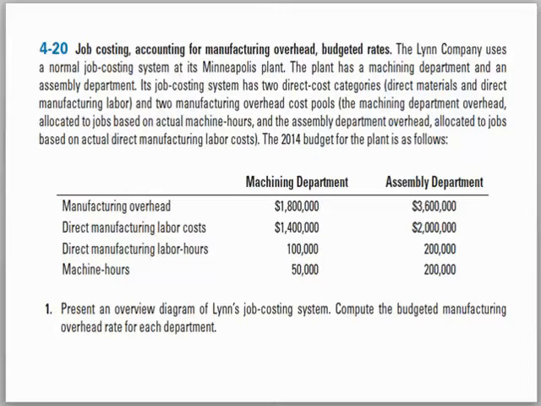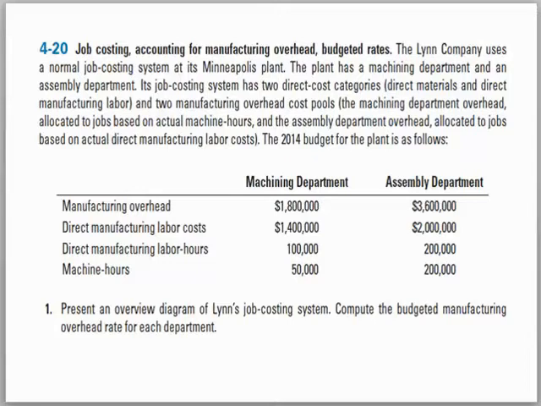Its job costing system has two direct cost categories, which are the direct material and the direct manufacturing labor, and two manufacturing overhead cost pools: machining department overhead allocated to jobs based on actual machine hours, and the second one, the assembly department overhead allocated to jobs based on actual direct manufacturing labor costs. So, two departments with two different bases. Machining department, the base is the machining hours, and assembly department, the base is the direct labor cost.